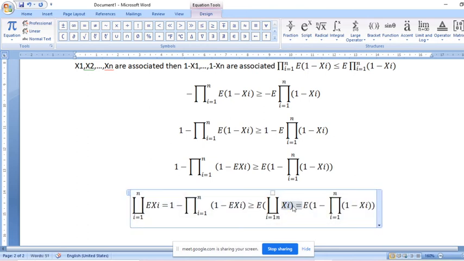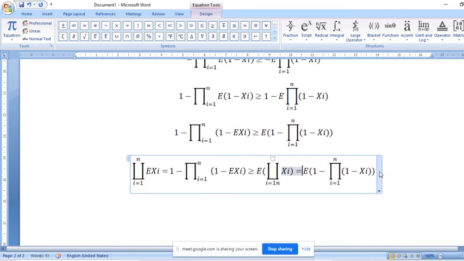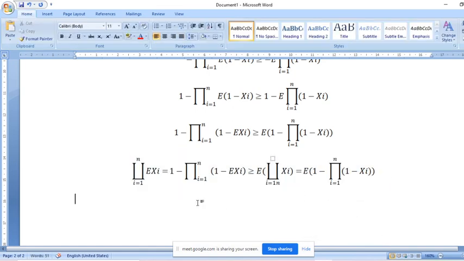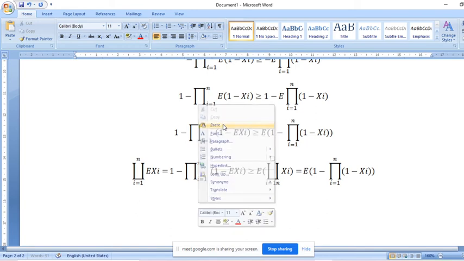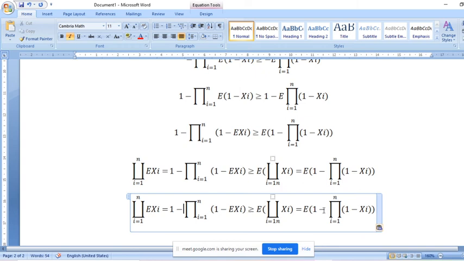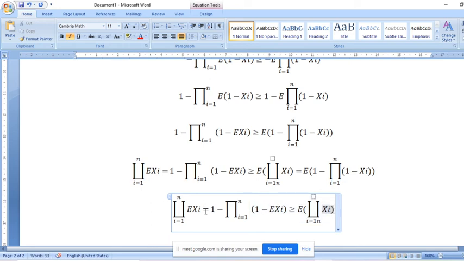Okay, so what have we obtained? What is the result? Again we can simplify further. We can remove this term, no need to use this term.